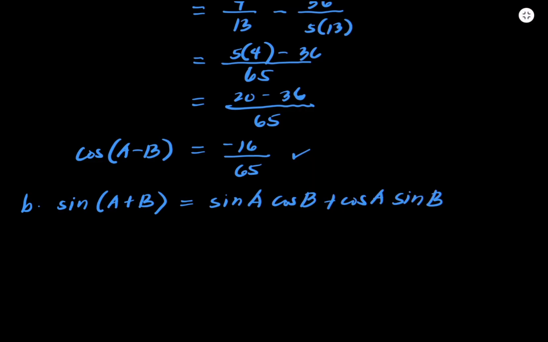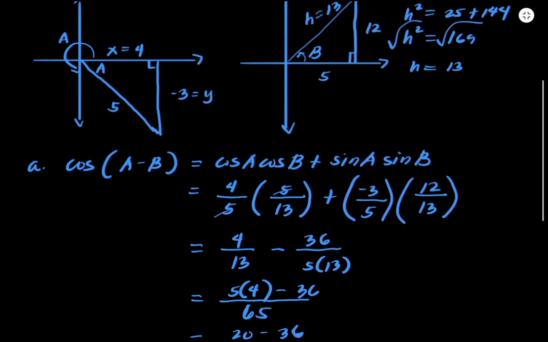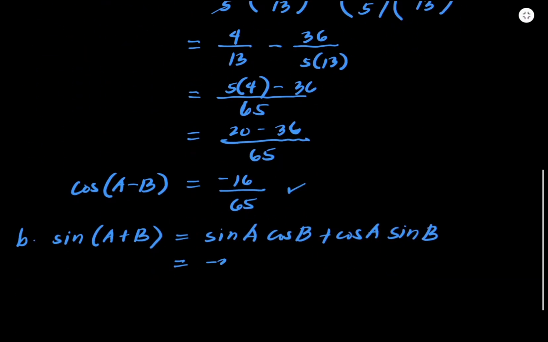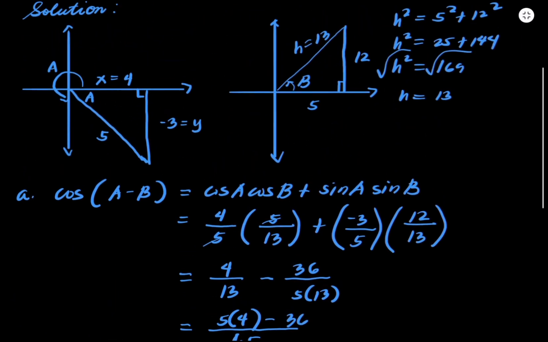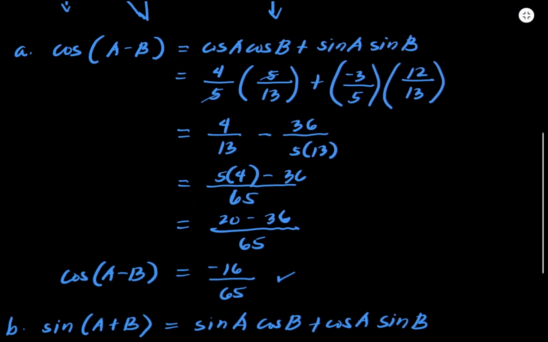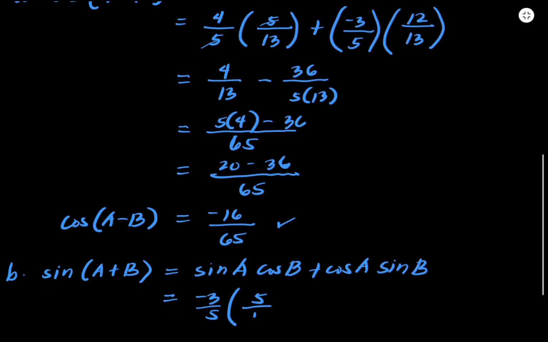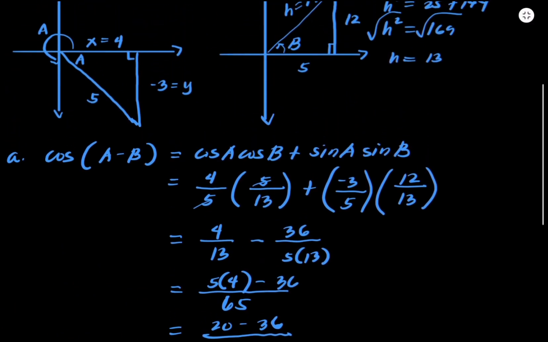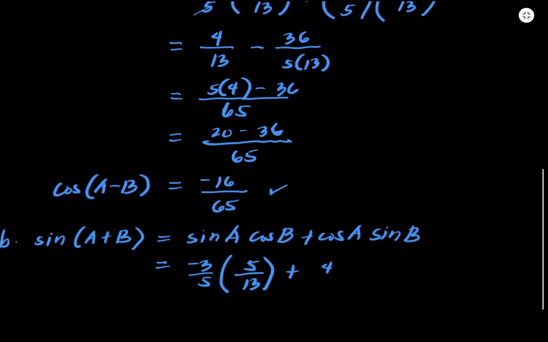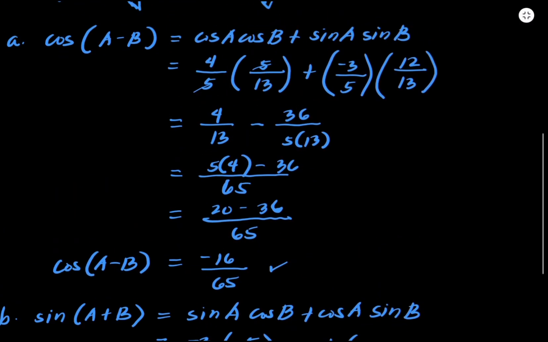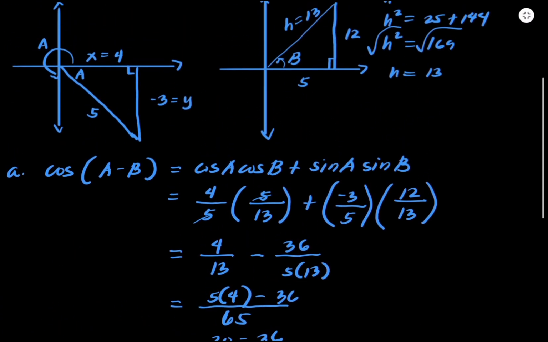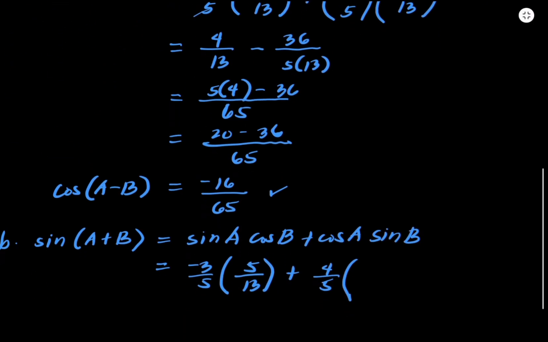So we have sine A. What is sine A? Opposite. This is negative 3 over 5. Negative 3 over 5 times cosine B. Cosine B is adjacent, 5 over 13. Plus cosine A, adjacent, 4 over 5, times sine B. Sine B is opposite, 12 over 13.